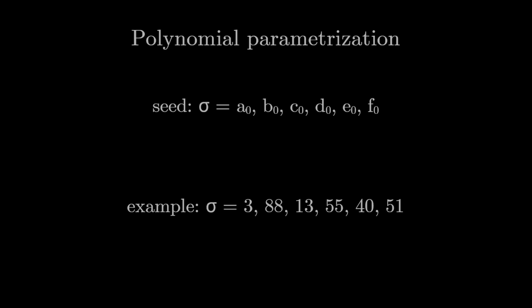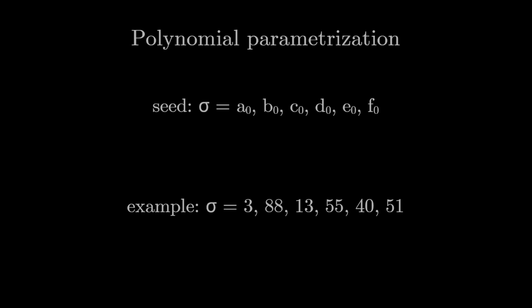However, I would like to restrict again the problem to a given A0, B0, C0, D0, E0, F0, and I will call that a seed. So from now on, a seed will be a given set. For example, 3, 88, 13, 55, 40, 51 could be a seed.